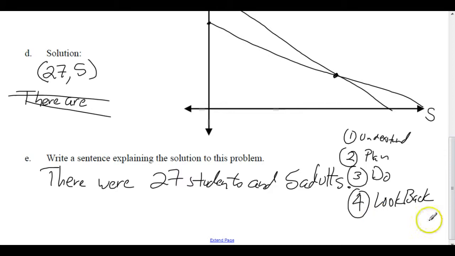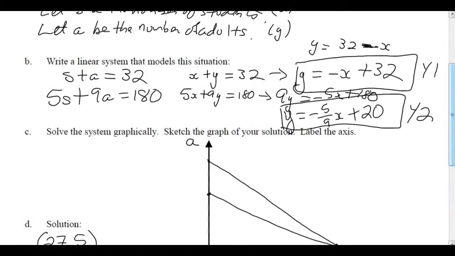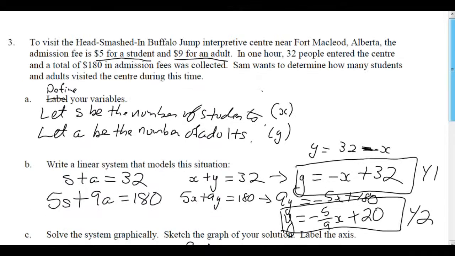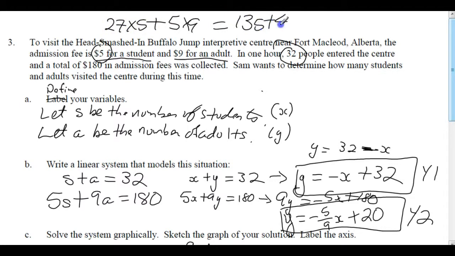So I have 27 students and 5 adults. Forgetting everything that we did, go back to the context. I have 27 students and I have 5 adults. This is 32 people, and this is 135 plus 45, which is 180.